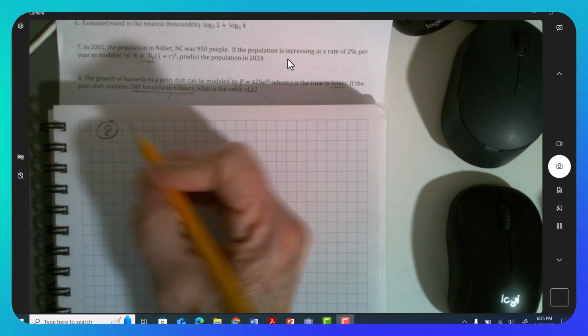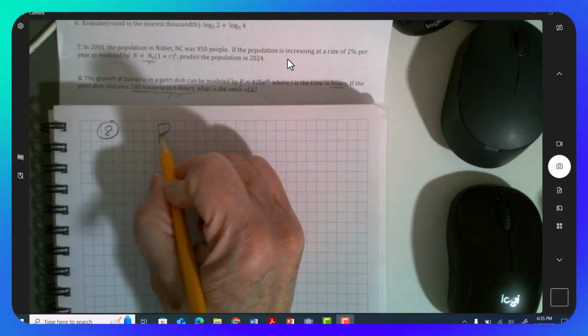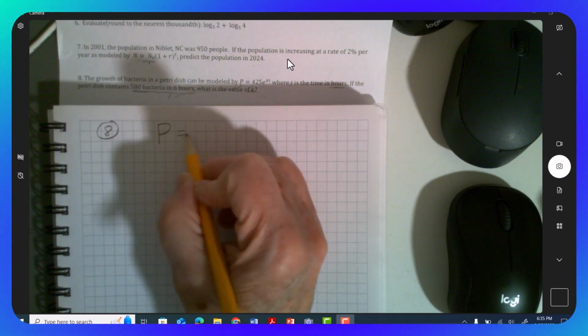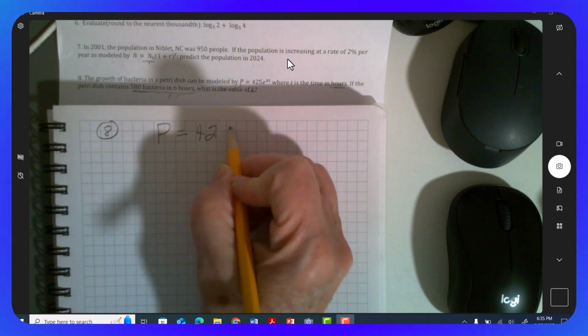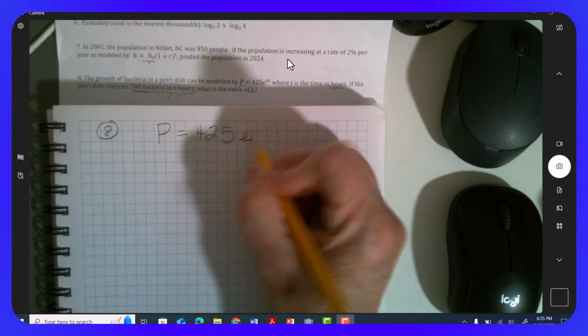All right, so we have P, let me write the formula down again, equals 425 e to the kt.